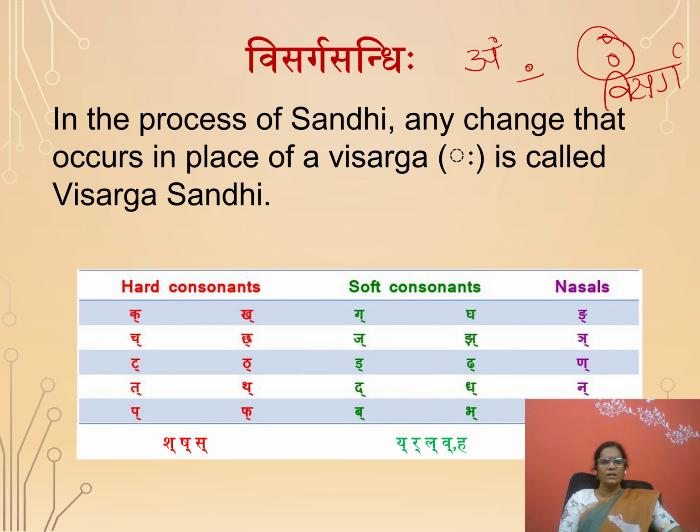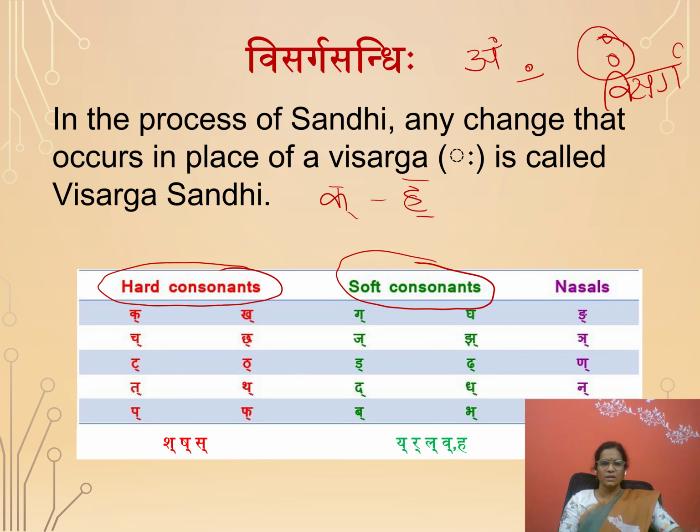Understood? The letters ka to ha are all called consonants. These consonants are divided into two parts. First is called hard consonants. The second part is called soft consonants. Each varga's first letter and second letter are called hard consonants.